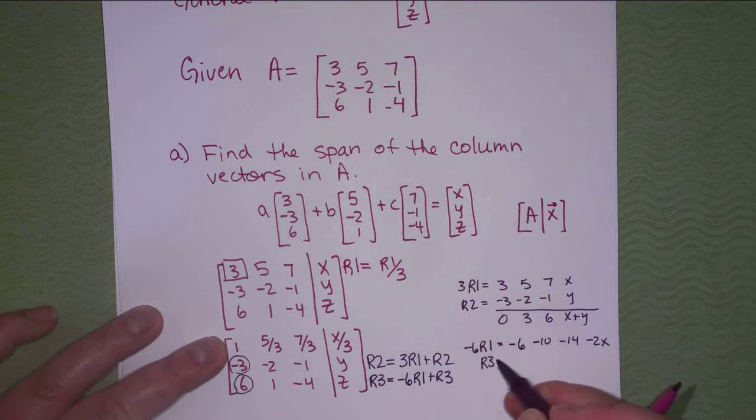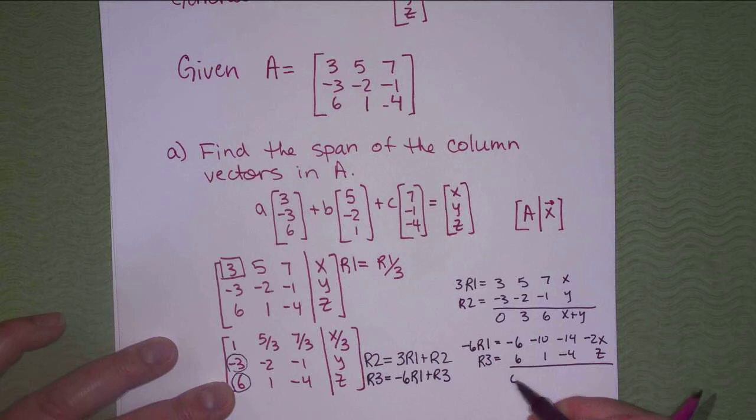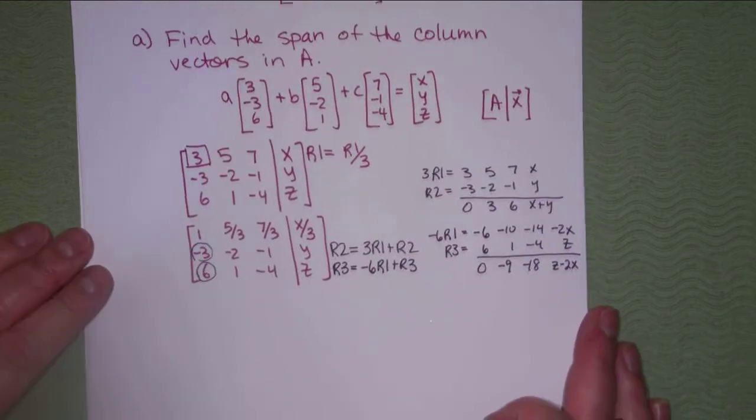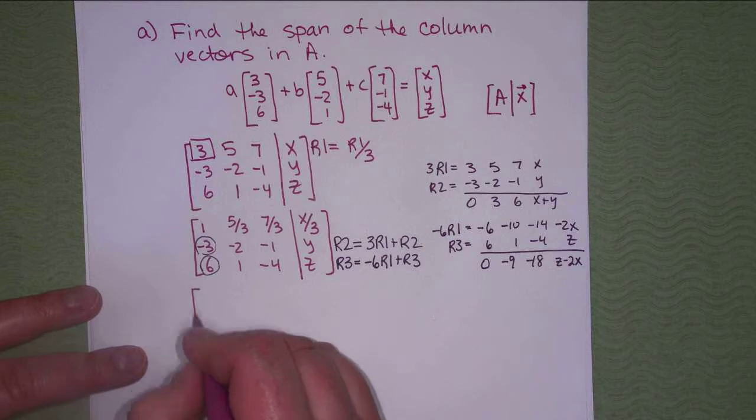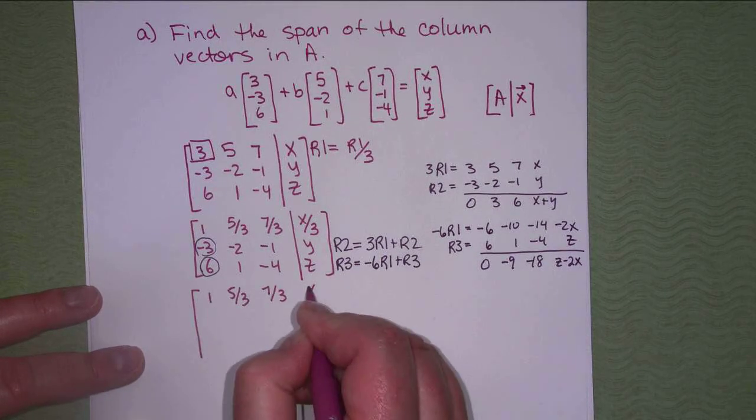Plus row 3, 6, 1, minus 4z. 0, minus 9, minus 18, z minus 2x. Okay, so if we write those in, 1, 5 over 3, 7 over 3, x over 3.